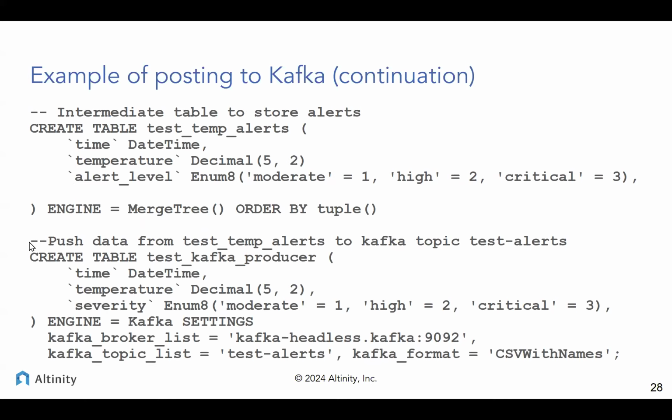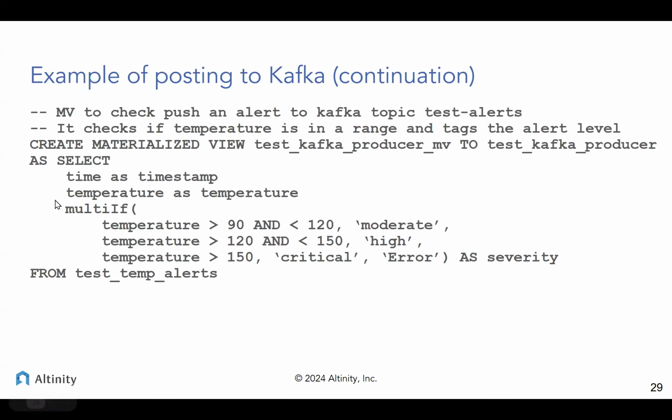And then we push the data. So this is our producer, a Kafka table where it's going to go. And then finally, here's the materialized view, which is going to actually select the data into Kafka.